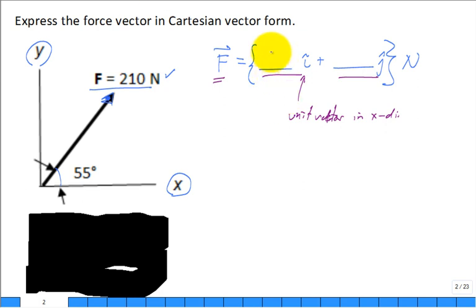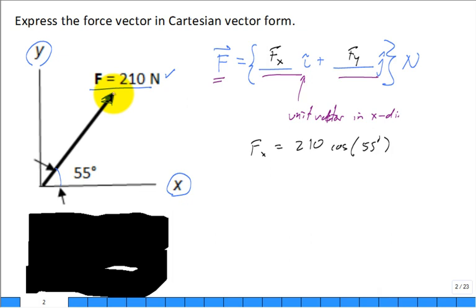Normally I would call that Fx, the magnitude of the component in the x, and this is Fy. So how would we find Fx? What is Fx? 210 times the cosine of that angle, 55 degrees. We look for our right triangle. We construct the right triangle.